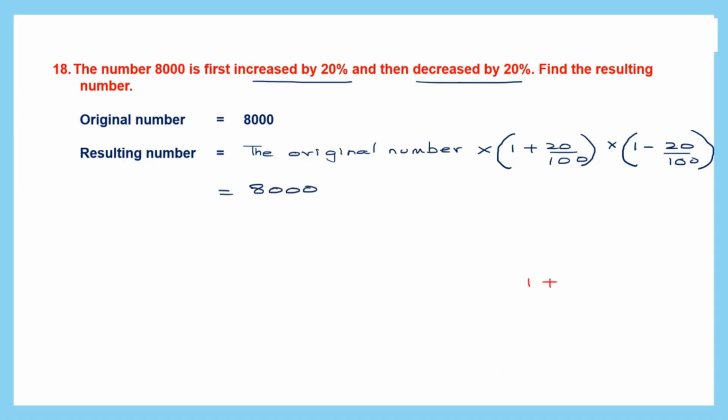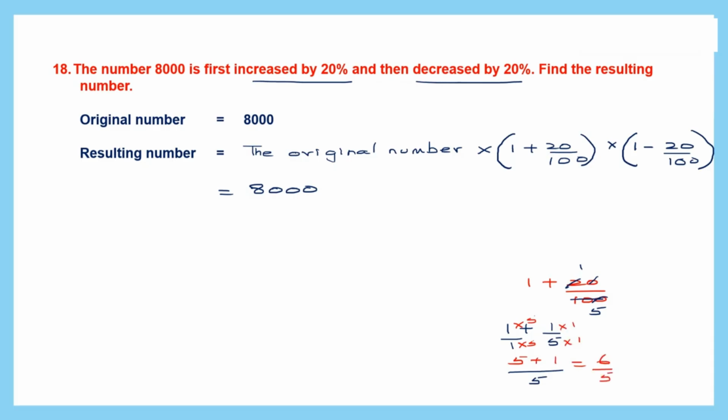I can cancel the two zeros and I can cancel 2 and 10. 2 ones are 2, 2 fives are 10. So what do I have? 1 plus 1 by 5. This is addition of fractions, so we have to find the LCM. The LCM is 5. So 1 into 5 is 5, plus 1 into 1 is 1. So we get 6 by 5.